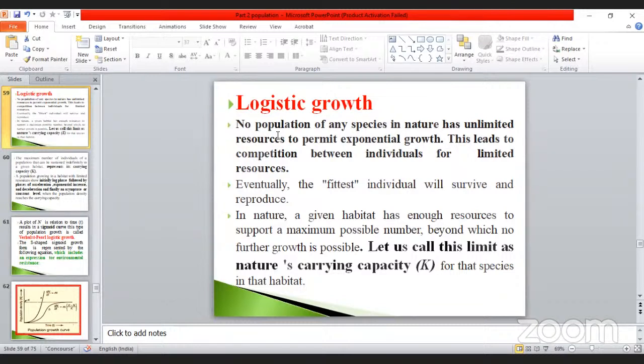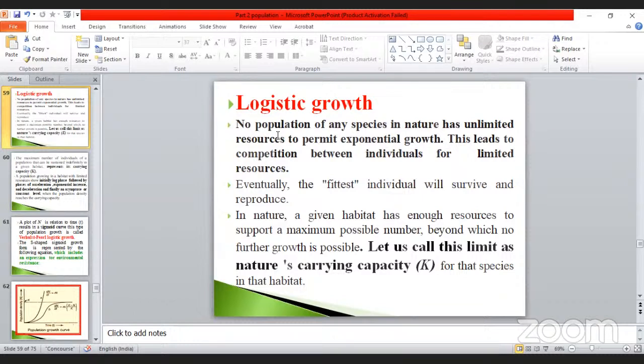Just imagine, you will get a surplus of food and water. Suppose it increases up to 500. What will happen? The surplus of food will be reduced. That is the reason, that is the maximum.